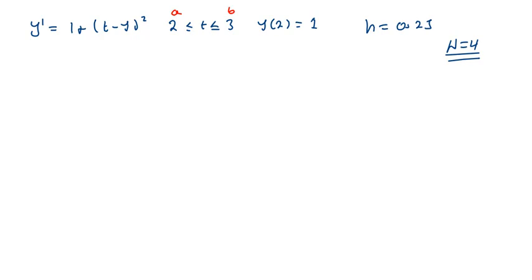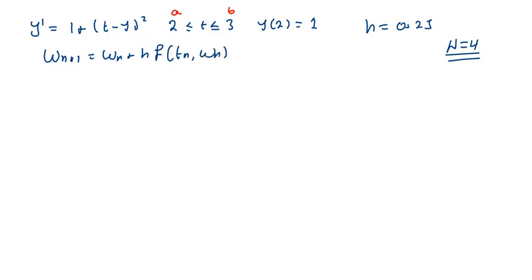There are 2 approaches that you can use to answer such questions. I'm going to start with the first one, then I'll go to the second approach. I'll use the same question. The first approach is that I know the solution I'm looking for: w sub n plus 1 equals w sub n plus h times f of t sub n, comma, w sub n.